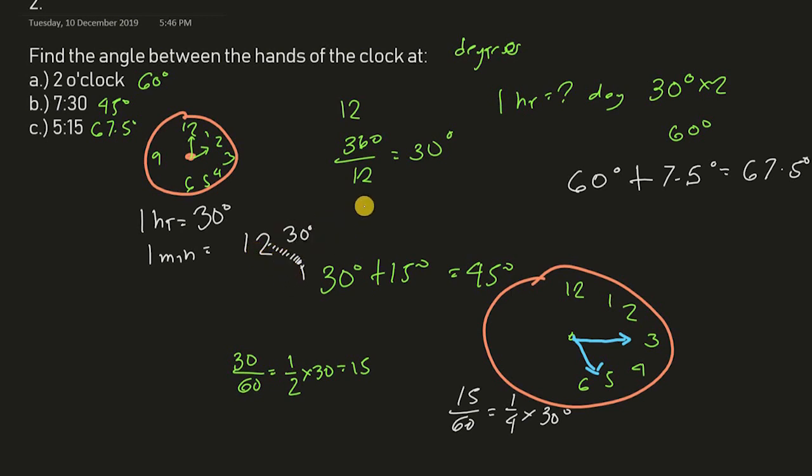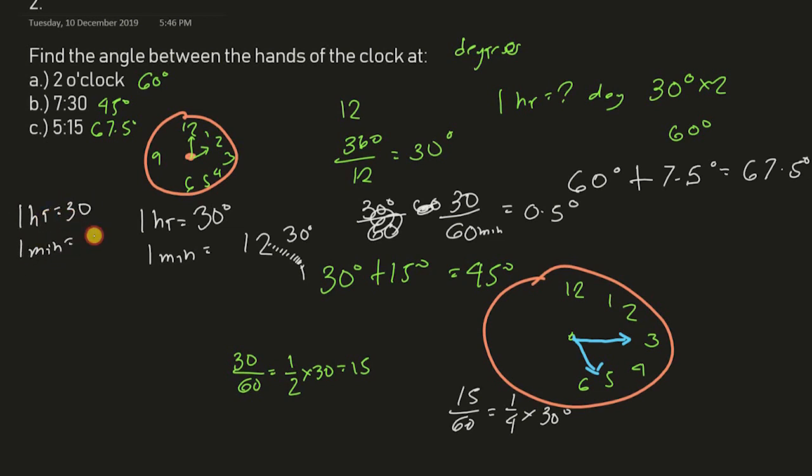Ibig sabihin, for this 30 degrees, ang per minute is i-divide natin yan sa 60. Sa 30 degrees, i-divide natin yan sa 60 minutes. So, 30 divided by 60 is 0.5 degrees. So, we know that for 1 hour, we have 30 degrees. For 1 minute, we have 0.5 degrees.